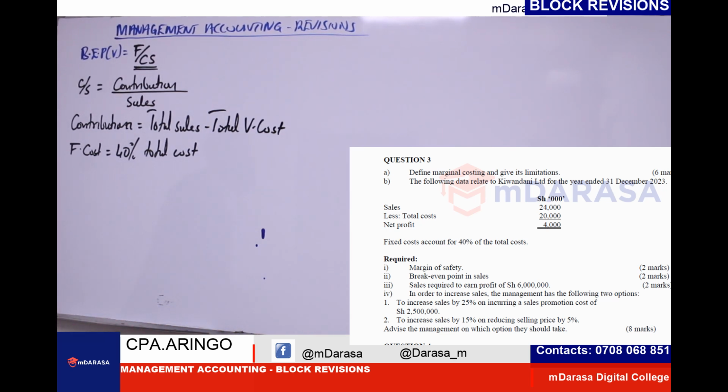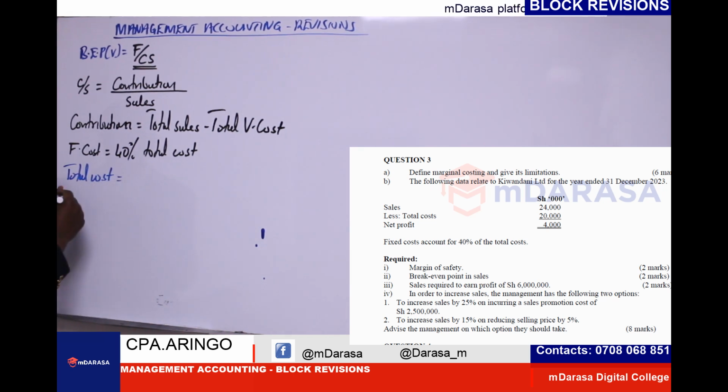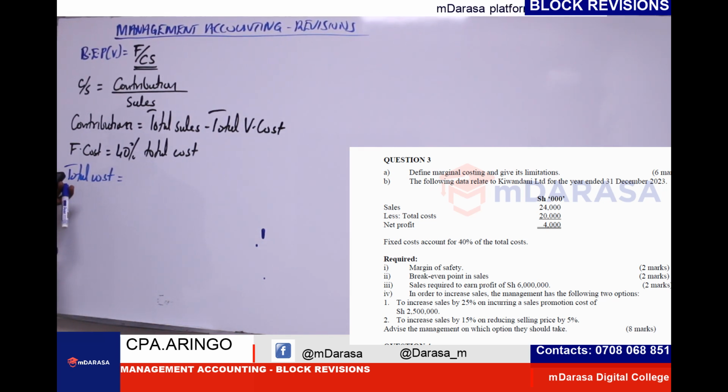A good examiner had clearly given us where you're told that our total cost was 20,000. So total cost, we are given a value of 20,000.